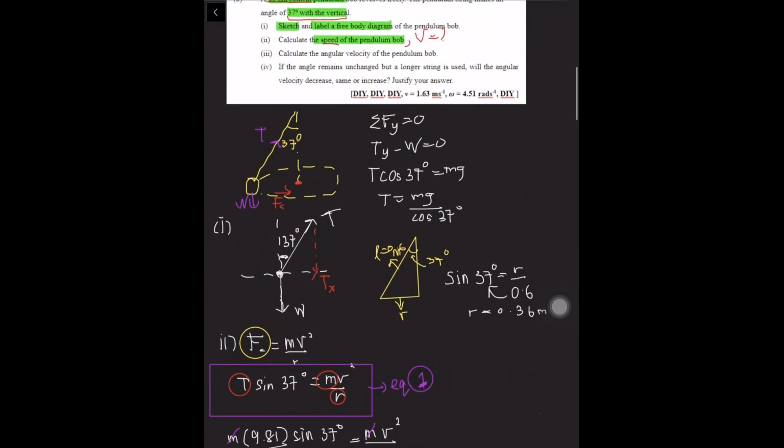Next question, we proceed with calculating the angular velocity of the pendulum bob. Angular velocity, so we have to find omega, right? How to find omega?